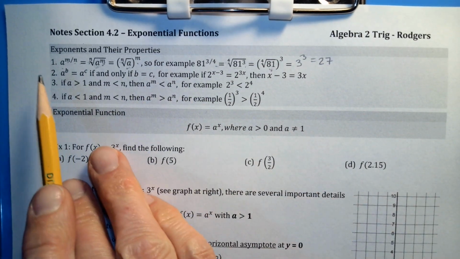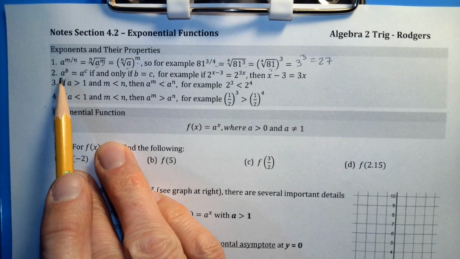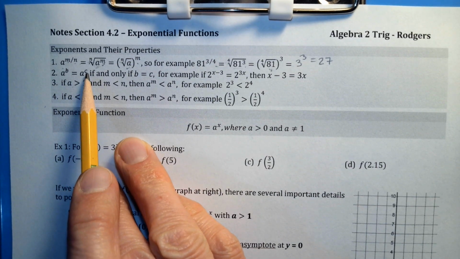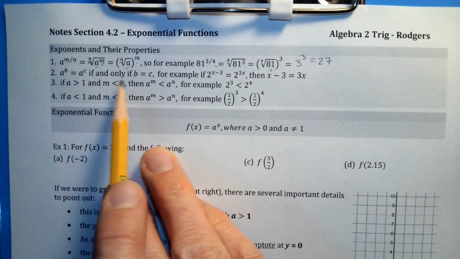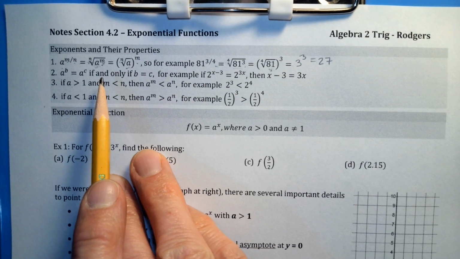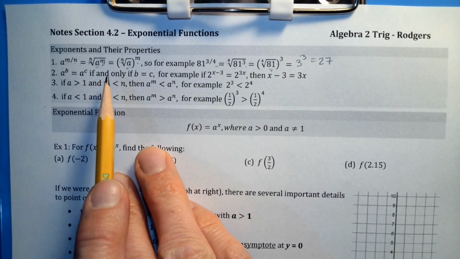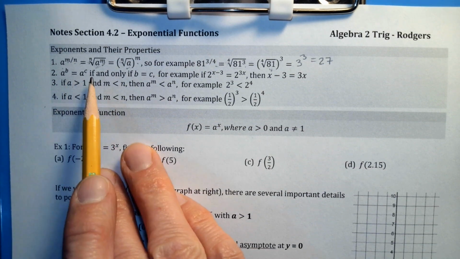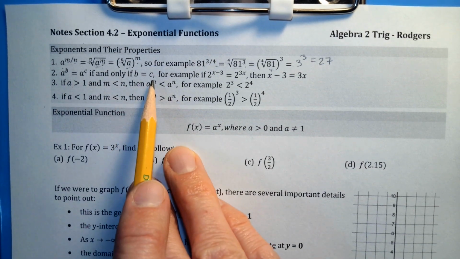Okay. Next thing, if a raised to the b power is equal to a raised to the c power, that's true if and only if. That's what we call a biconditional. You might remember that from geometry class. If and only if means if this is true, I know this is true, and vice versa.